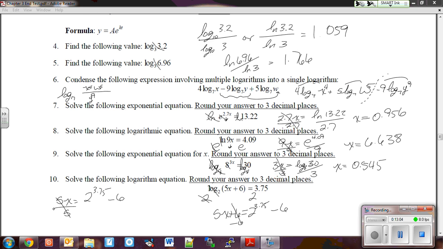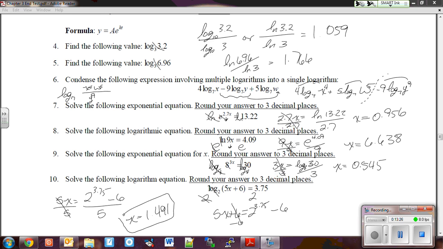Divide both sides by 5. So x equals 2 raised to 3.75 minus 6, all divided by 5. So x is 1.491.